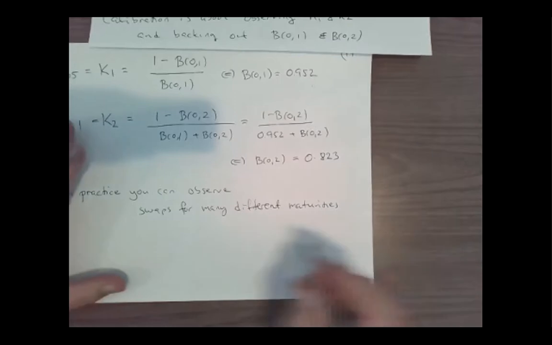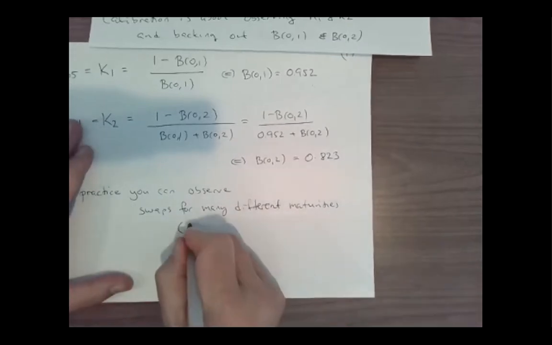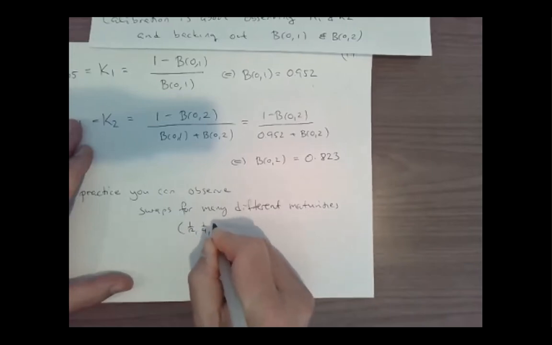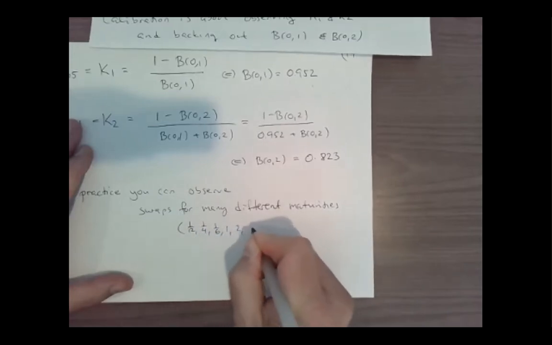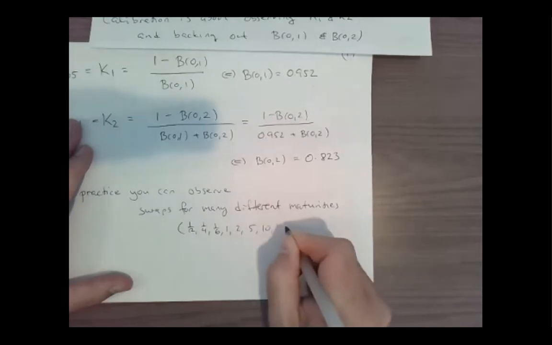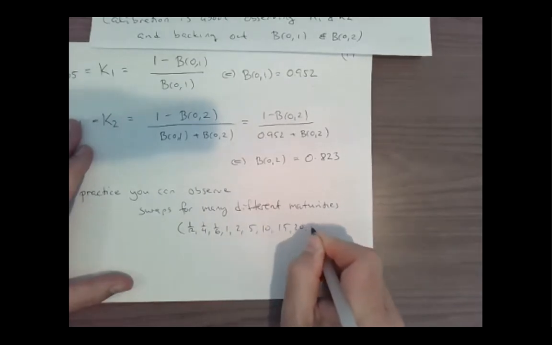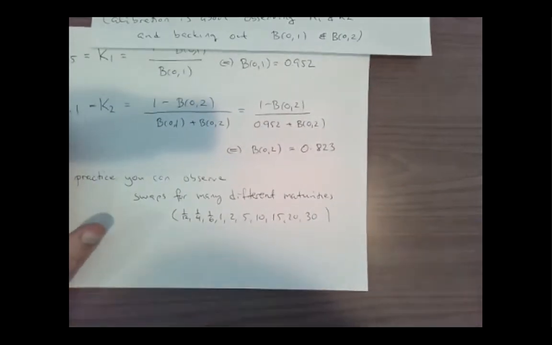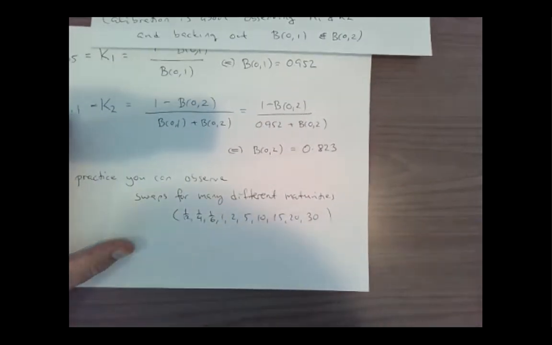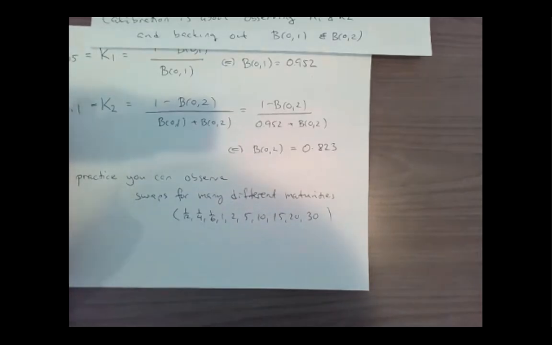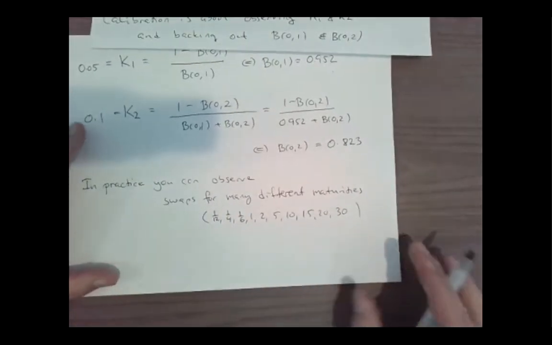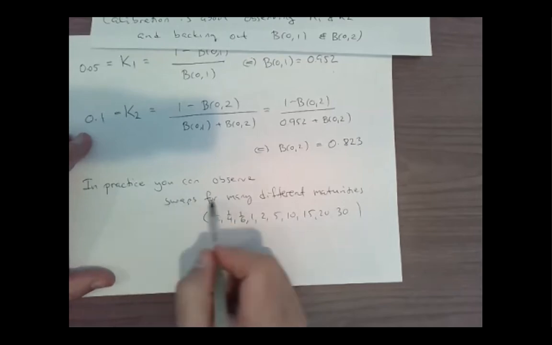So this will be like a month, a quarter of a month, half a year, 1 year, 2 years, 5, 10. I think it goes up to 15, 20, and 30 years. You also observe, so these are, there's no default here.